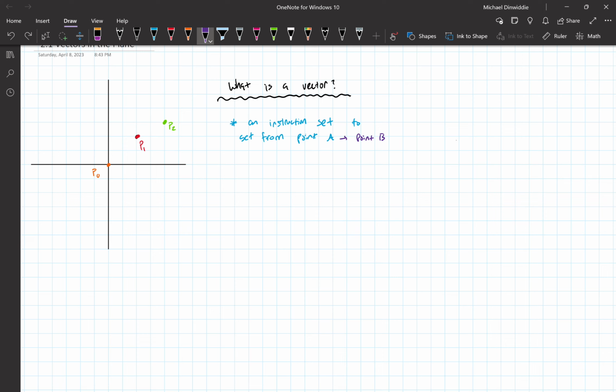It's nothing more than an arrow that points, and there's two parts to this arrow, right? Obviously, there's a direction. We've gone from P0 to P2. We've pointed to where it is. But if we made this arrow, let's say, this big, it's the same direction, but notice it doesn't quite reach P2 anymore, does it? So arrows have a magnitude to them, which is what we normally think of as a length, right?